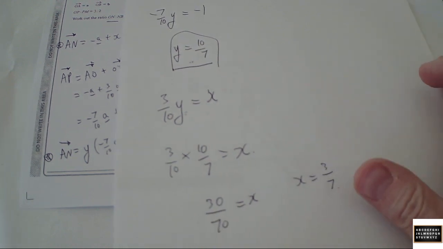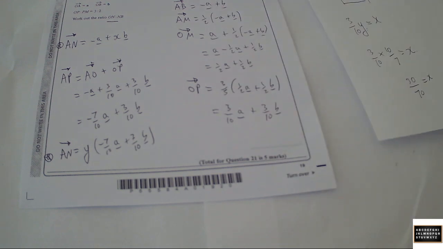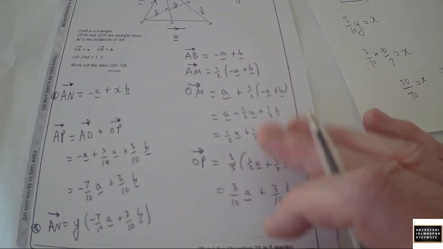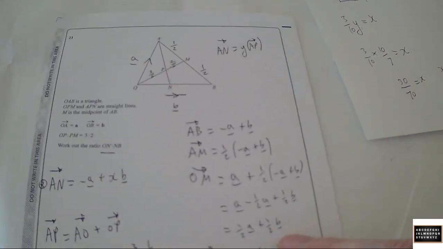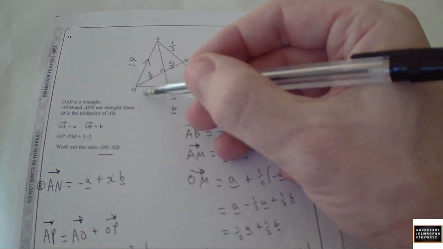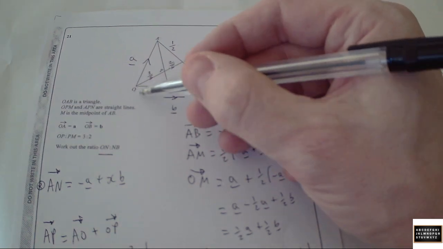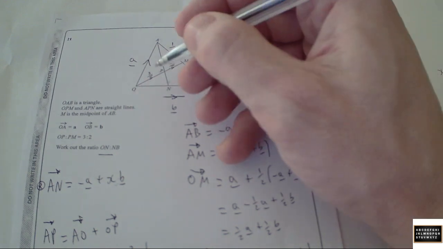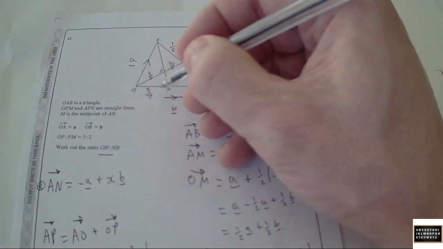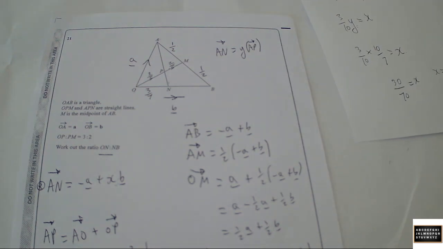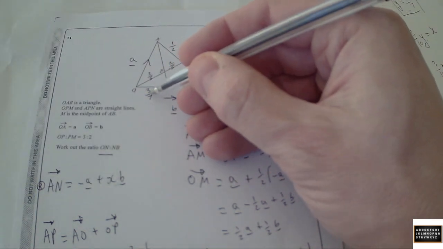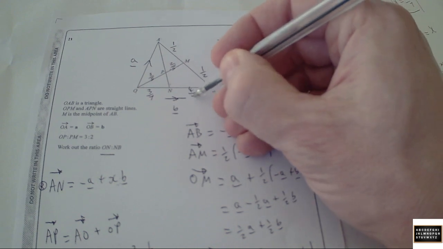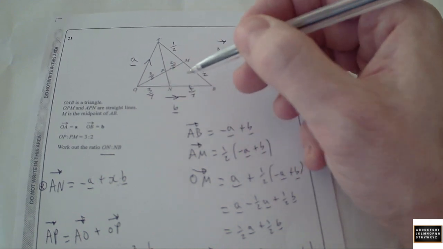Now what does that mean? If you go back to the slide, I said that ON was a proportion, and this x was how much of b we were using. So this is 3/7, which we've just worked out, and this must be 4/7, because the two things have to add to 1.